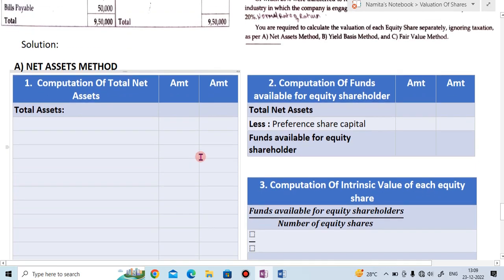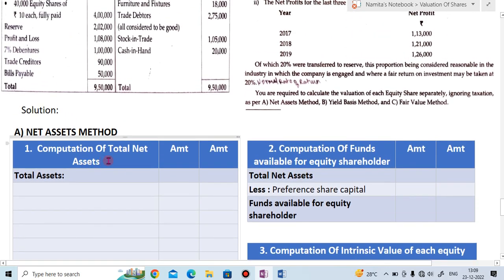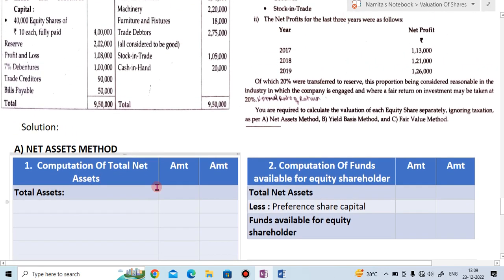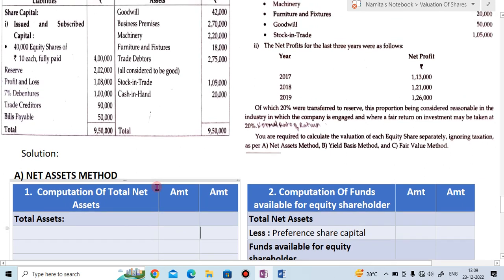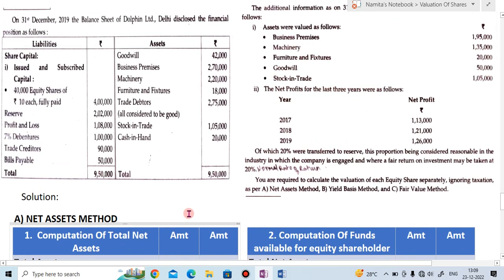So first we'll find the total net asset. To find it, we require the total of assets, the assets which are revalued amounts, and after taking the total assets, less the liabilities, we will get the total net assets.